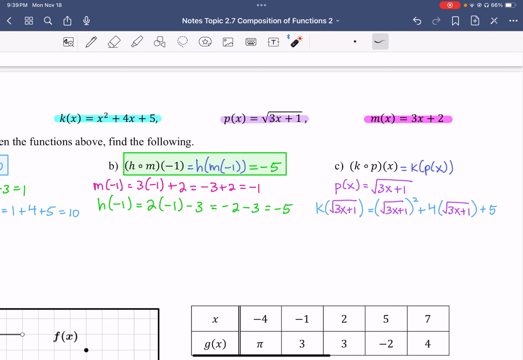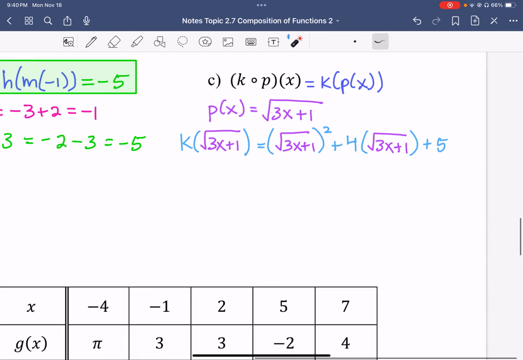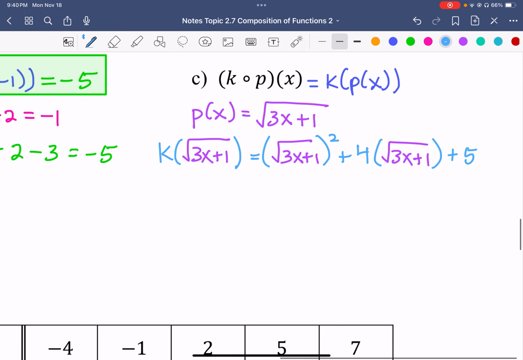Okay, and now we are going to simplify. So with the first term, I know that a square root and a square always cancel, so these cancel out. So I'm left with 3x plus 1.